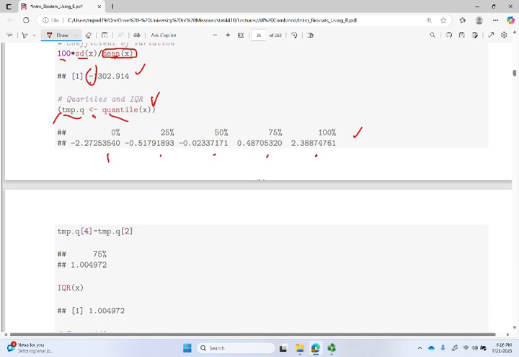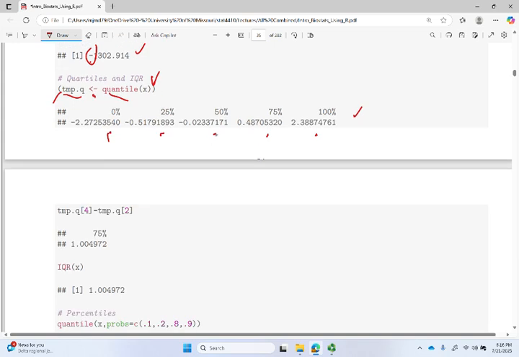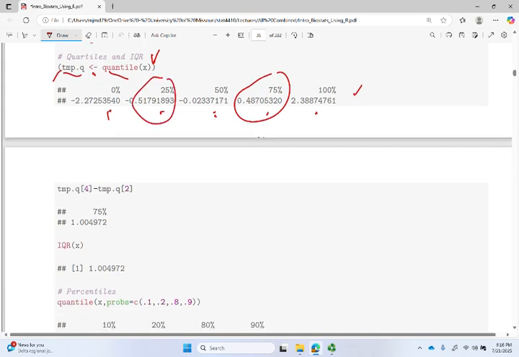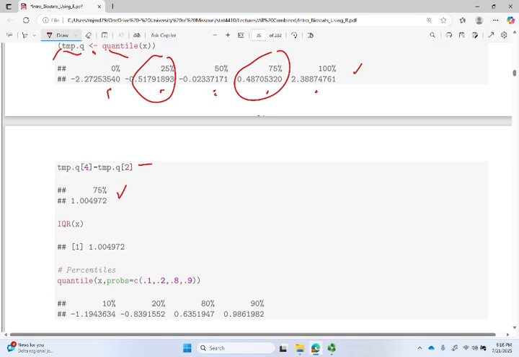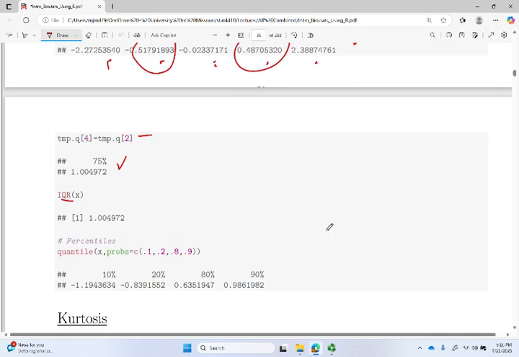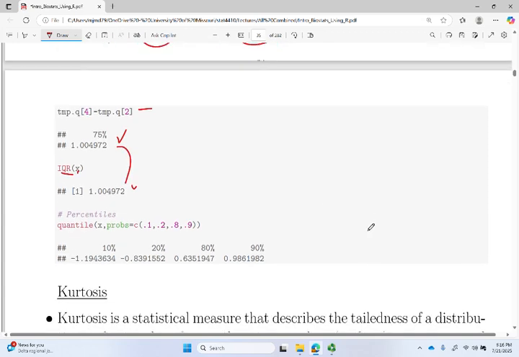Without those, it would just store it silently and you wouldn't see it. So we want the fourth value in this vector minus the second value, and this is the interquartile range. Now you could use IQR, which is part of the moments package, and just get the interquartile range of our data set, and notice they're the same.